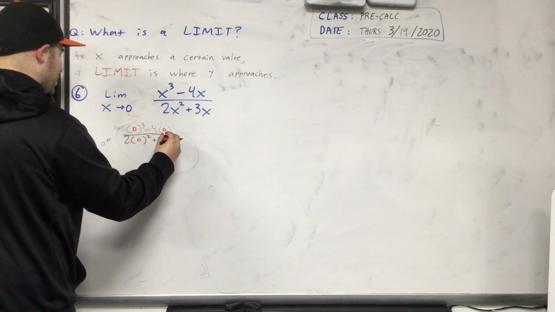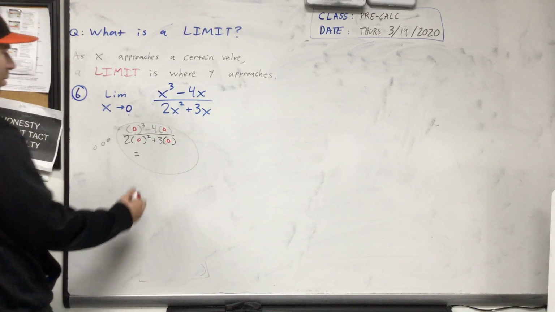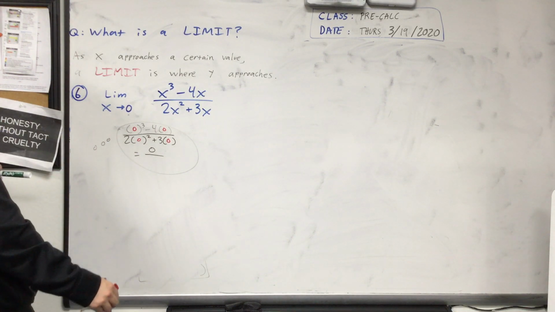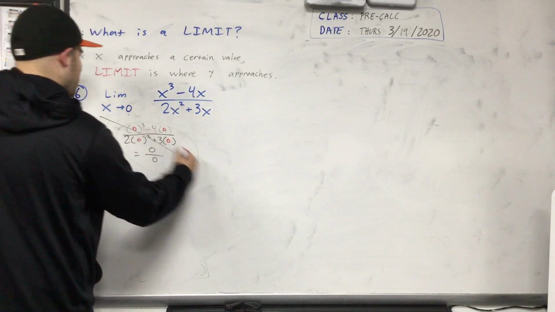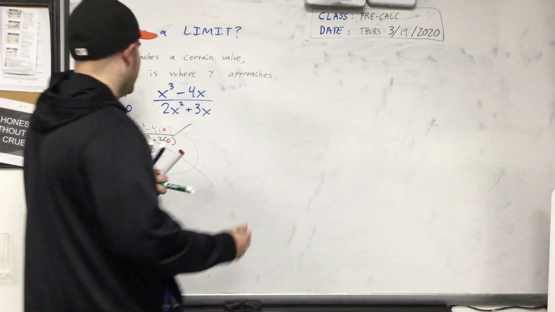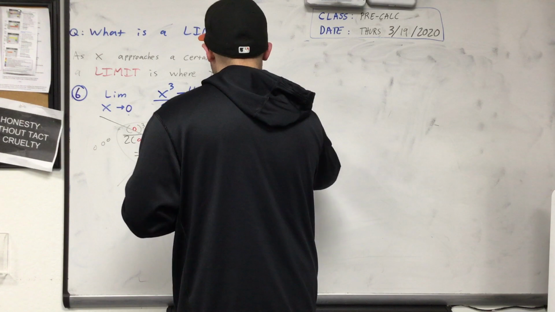If I plug in x equals 0, that'd be 0 cubed minus 4 times 0, or 0 on the top, 2 times 0 squared plus 3 times 0, 0 on the bottom. 0 over 0, Isaac Newton has a fit. This is called an indeterminate form. So therefore, I have to get creative and factor out.